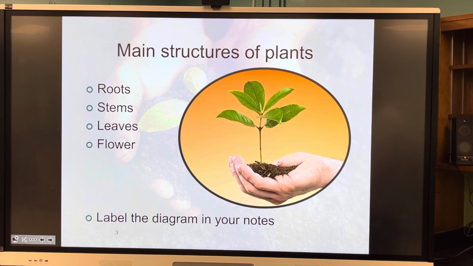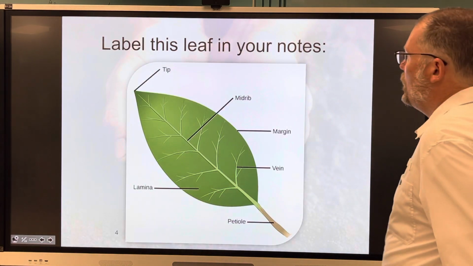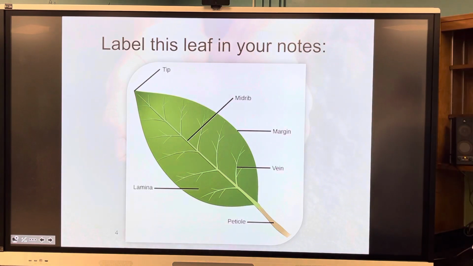It's the diagram of the plant, the flower. So you should have that done by now. Okay. And then you have this leaf that you have to label in your notes as well. So we're focusing on one piece of that previous picture. And the words are right there, so just start filling them in.